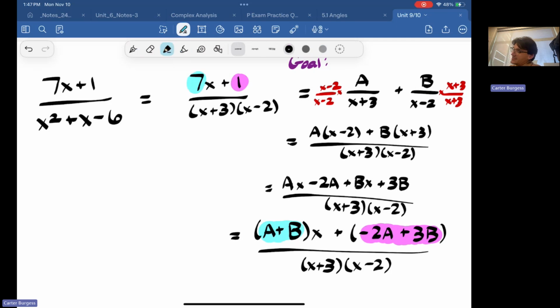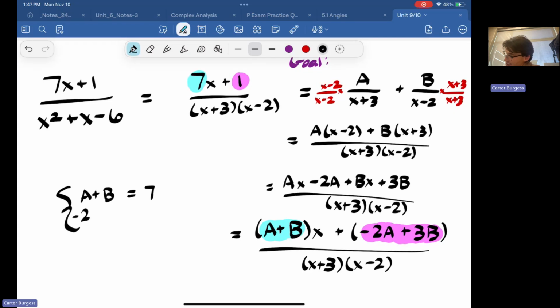And so we get here a system of equations. This is going to be that a plus b should equal 7, and negative 2a plus 3b equals 1.